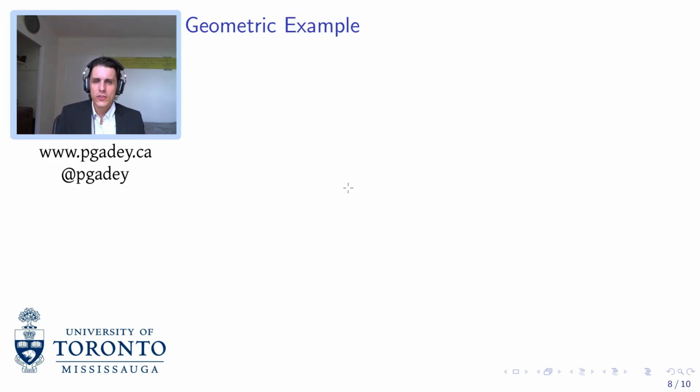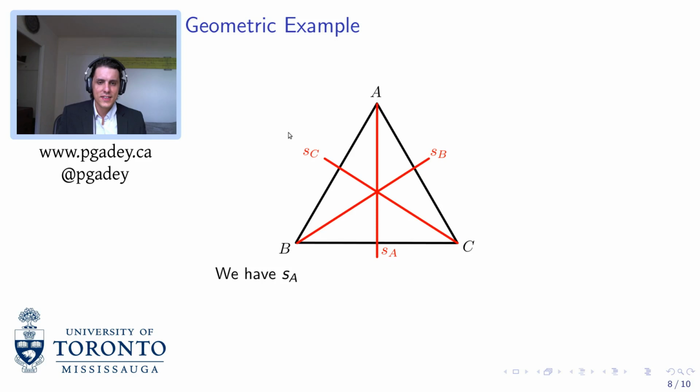Okay, let's have a look at a geometric example. How will this actually come up for us in this course? Let's look at the group of symmetries of an equilateral triangle, and let's describe what these things are doing. So SA is a reflection across the line through A. So we take the triangle and we flip it over.